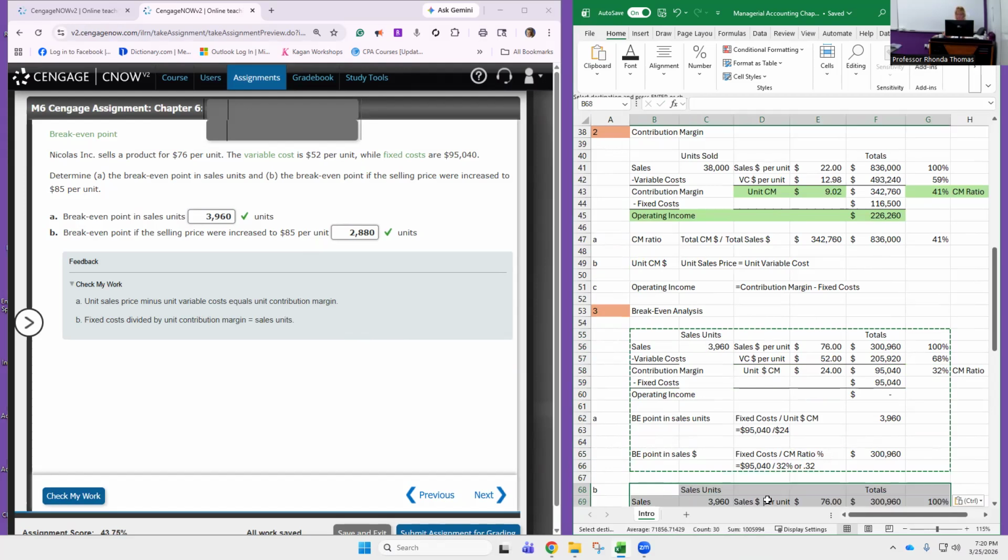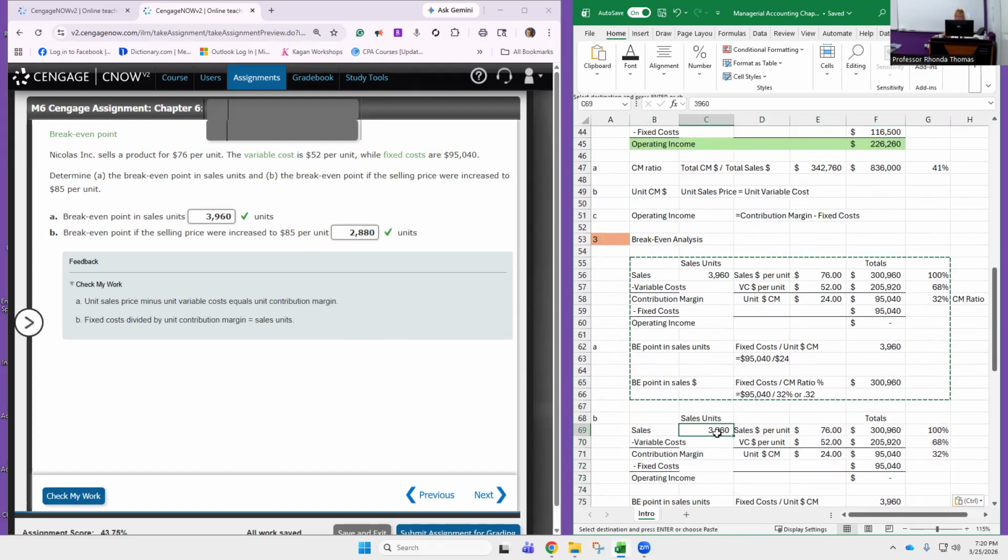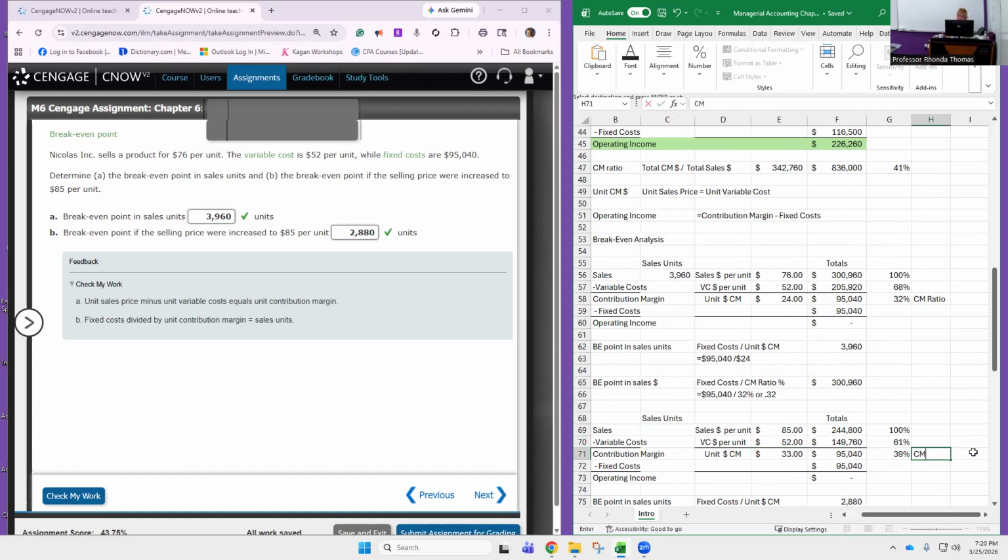I'm going to put this down here. We don't know how many sales it's going to be. We still have $95,040. This time, the sales price is going to be $85. So that changed this a little bit. This is the unit contribution margin, and it changed the contribution margin ratio too.